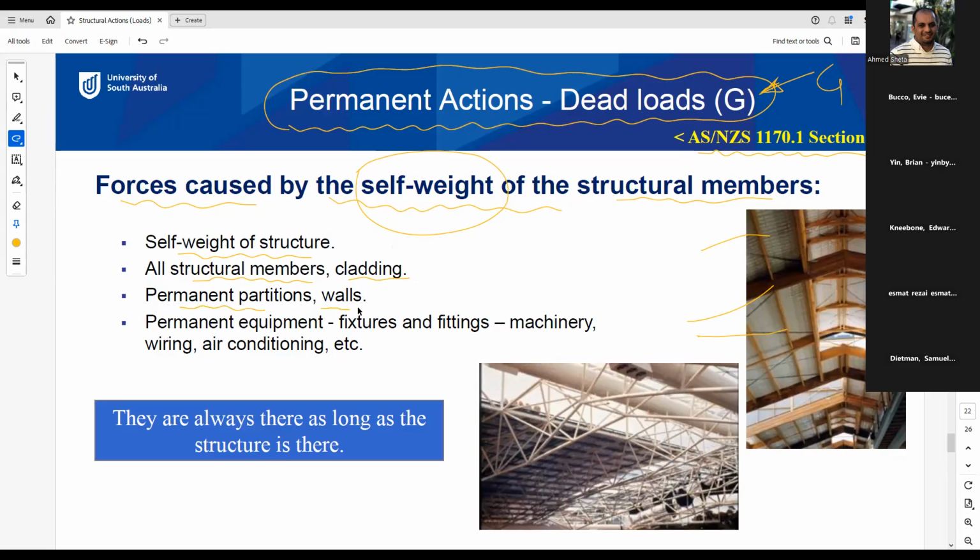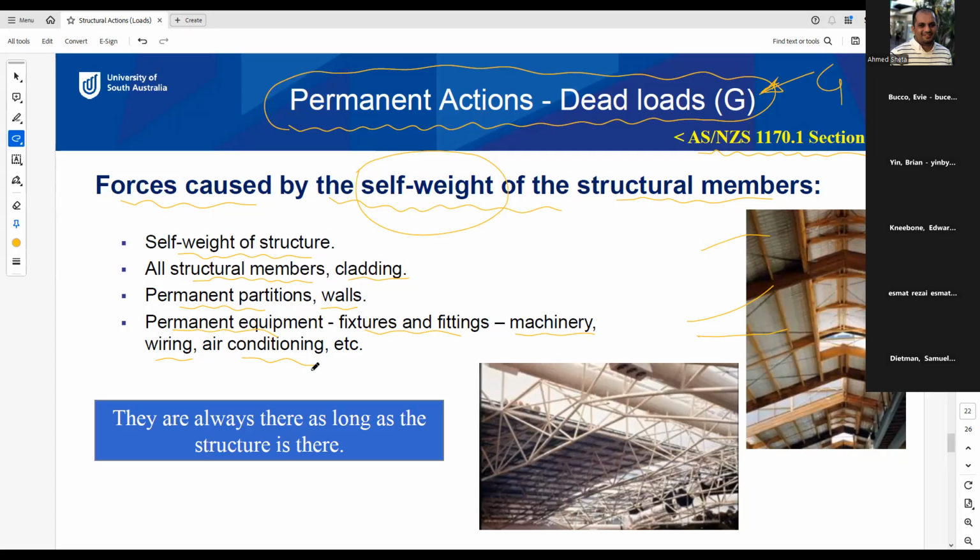Permanent partitions or walls, like gypsum board or brick walls or whatever the partitioning is, are also considered as dead load. Permanent equipment, fixtures and fittings, machinery, wiring, air conditioning, and so on. Anything that will not move frequently or will stay on the structure for a long time is considered dead load or permanent action.